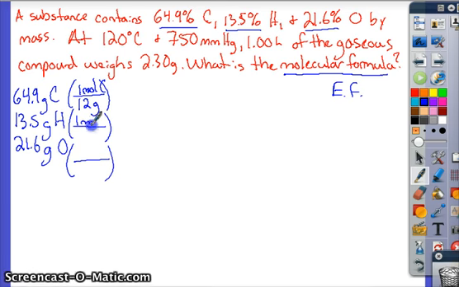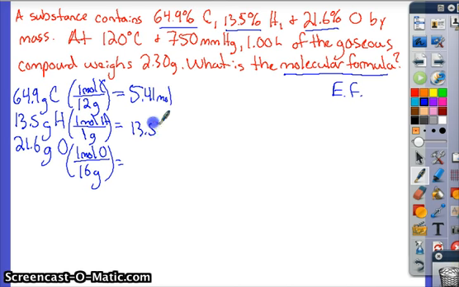We know that 1 mole of hydrogen has a mass of 1 gram, and that 1 mole of oxygen has a mass of 16 grams. Calculating our mole amounts, we get 5.41 moles, 13.5 moles, and 1.35 moles.